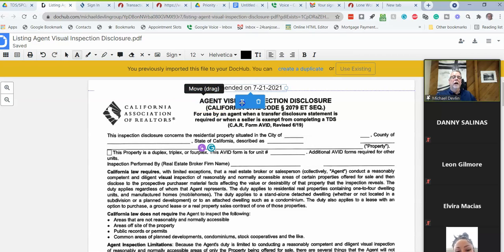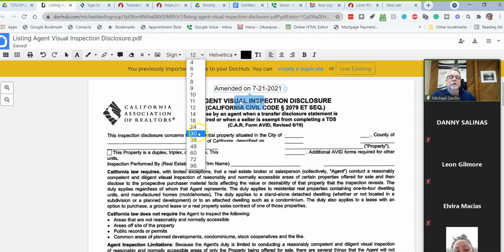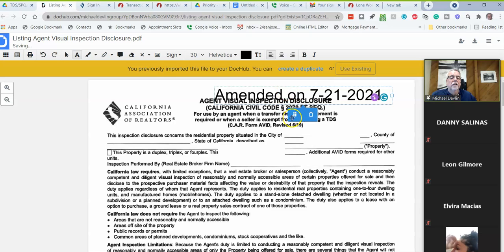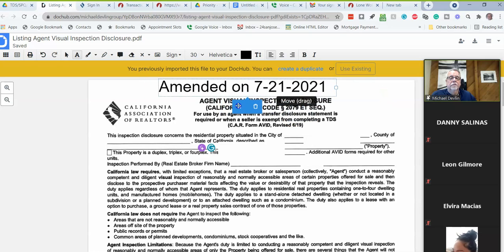And I can move it around, and I could change the font color, I can change the font size, right? I could do something like that. And unless the California Association of Realtors legal department says you should write the words amended on the top of the form and redo it. That's what they say. Of course, they don't explain how you're supposed to do that if it's a PDF. Well, anyhow, that's how we do it.